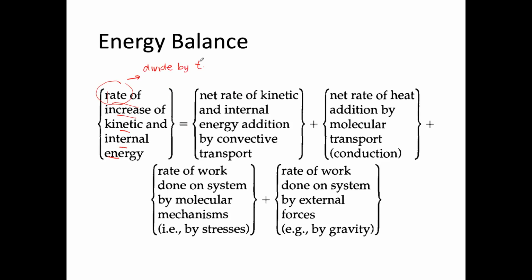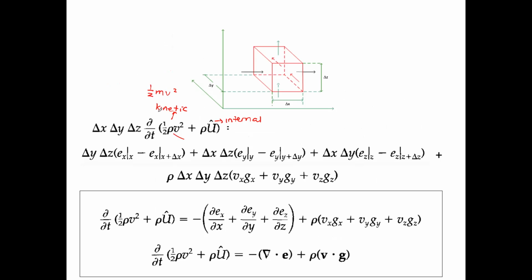So here is the increase rate of kinetic and internal energy per unit volume, and then multiplied by the control volume, which is delta x, delta z, and delta y.